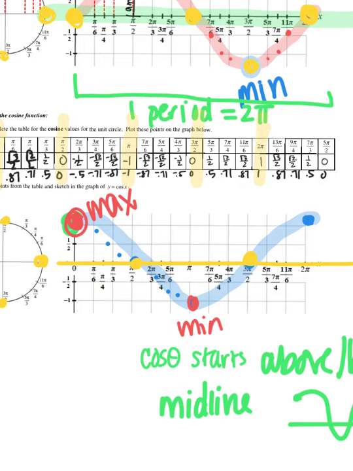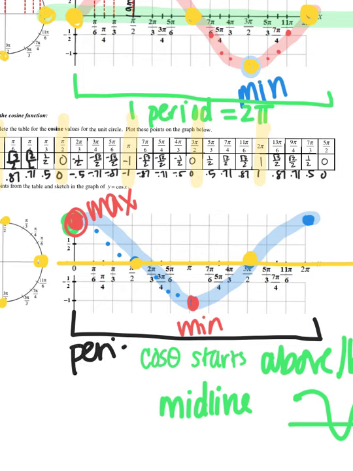When I'm looking at the period of this graph, and the period is the length of one cycle. So from 0 all the way over to 2 pi is the period. So period is 2 pi. So it looks like I'm going from max to max to help figure out that period.